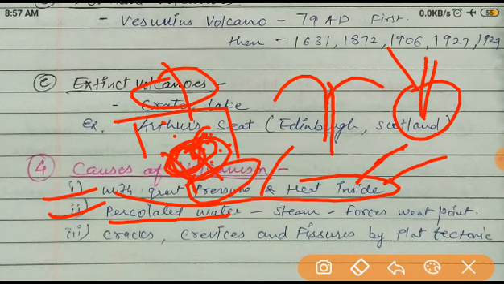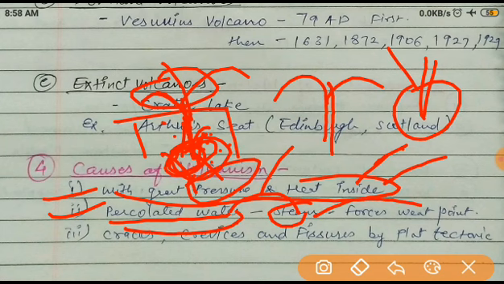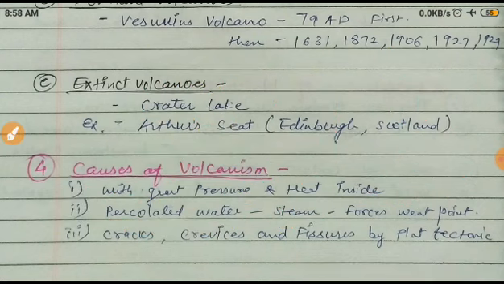So when this steam is pressurized on the crust, again cracks are formed, and then the volcano starts. So percolated water goes inside and forms steam and it forces the weak point of the crust, and then finally the volcano is formed.